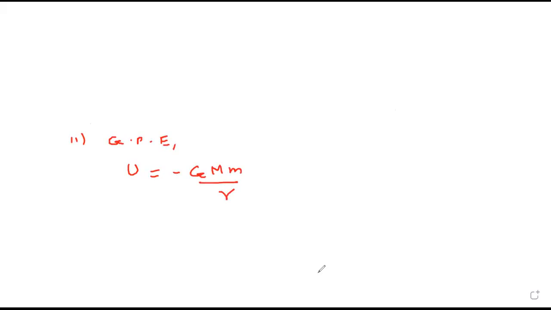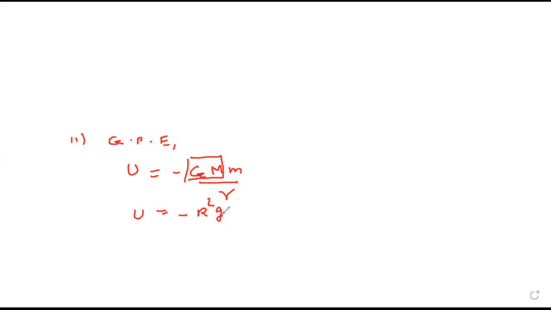What will be the weight at distance capital R? Weight means mg. So GM is nothing but R square g.